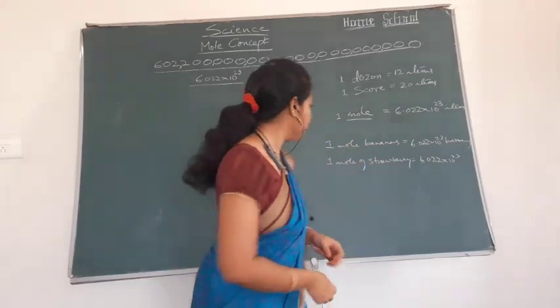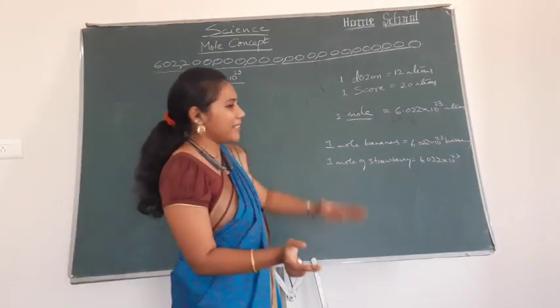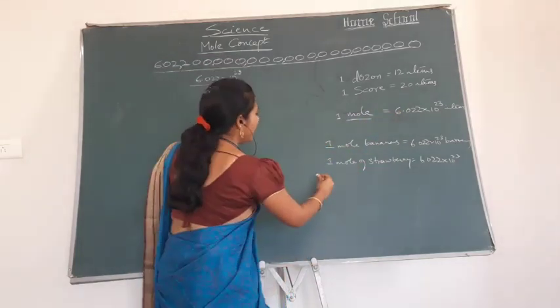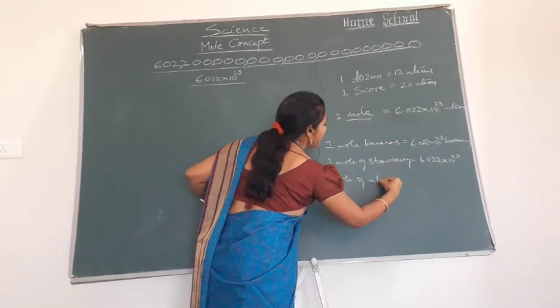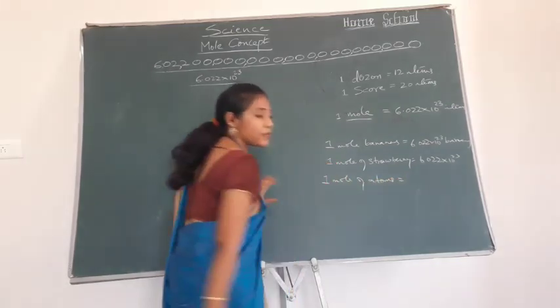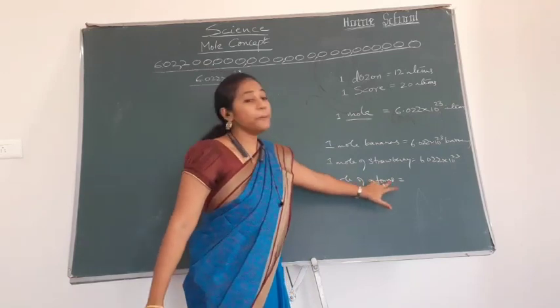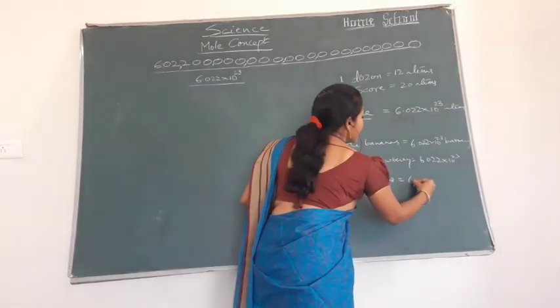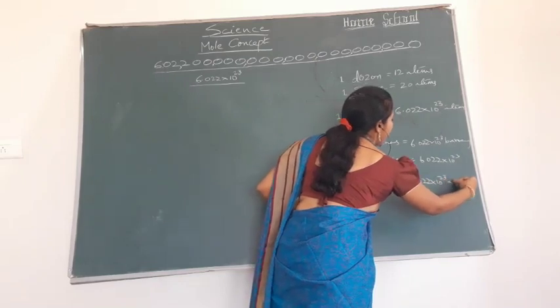Fine? Now, let us connect to chemistry. Whenever I say 1 mole of atoms, what is the meaning? You must know these meanings, guys. This is a very basic aspect. What do you mean by 1 mole of atoms? It is 6.022 into 10 to the power of 23 atoms.